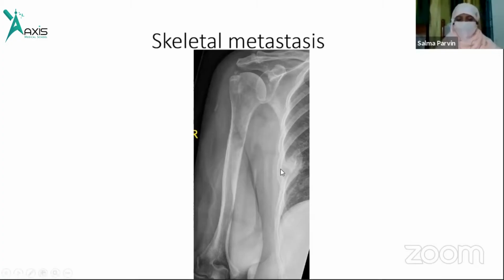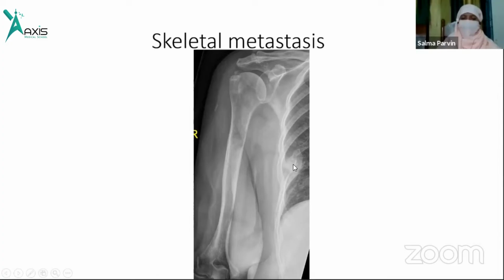And you see that there is a lytic lesion in this humeral shaft near the cortical margin, medial, and there is also some lytic lesion noted here and here. And this X-ray is really presenting a mass in the axilla.